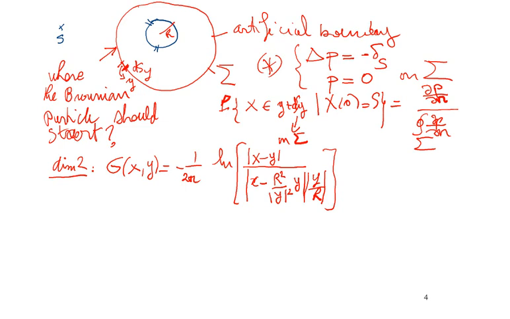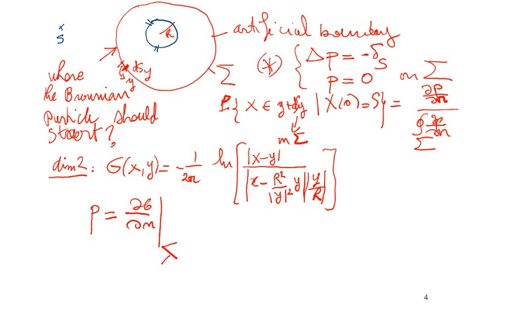And now we need to calculate the derivative. If we want to have an estimation of P, we need to calculate dG/dn, the normal derivative calculated on the position on the disk, on sigma.